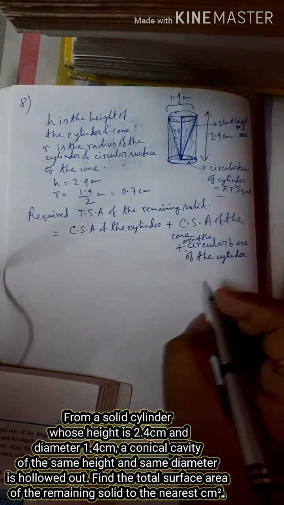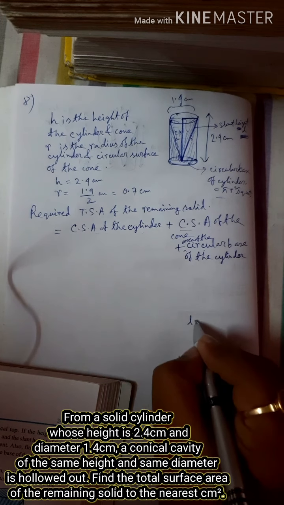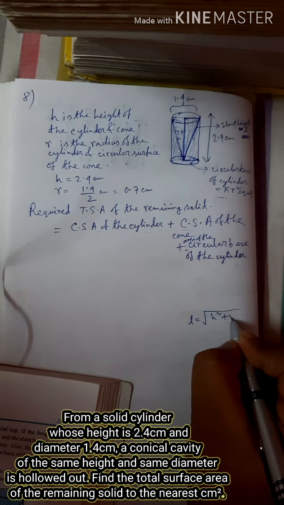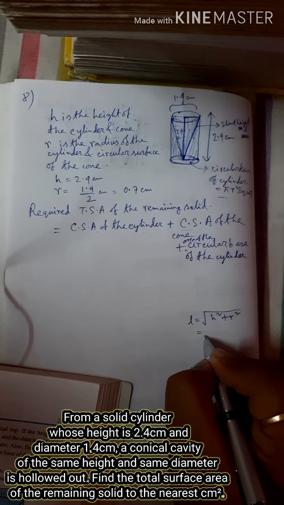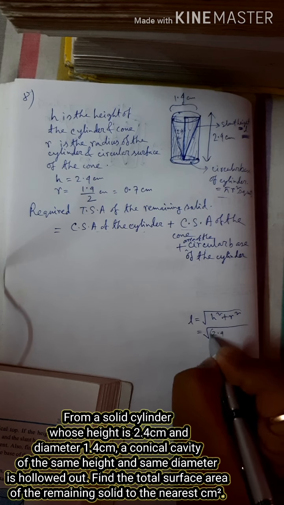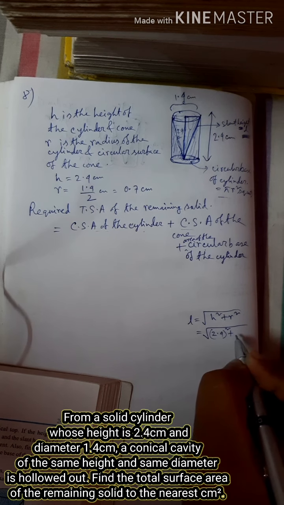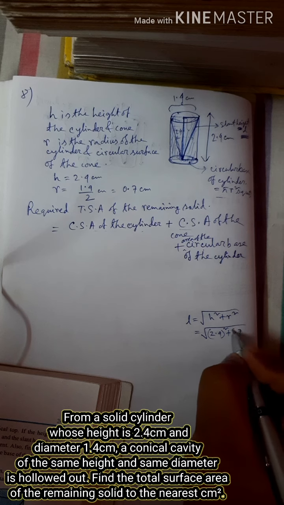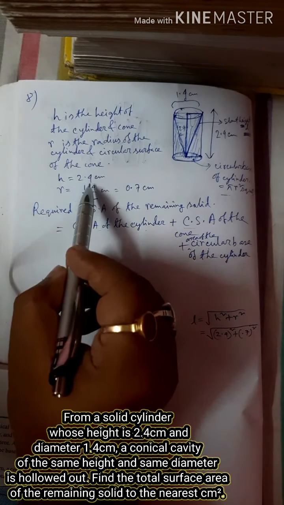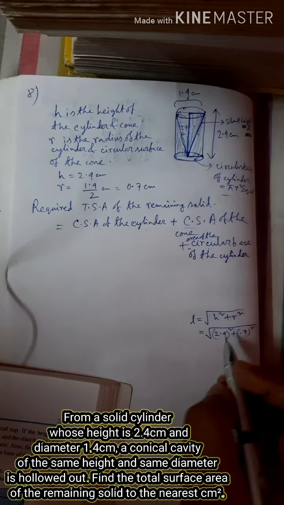So what will be the slant height? L will be equal to root over h square plus r square, that is root over 2.4 whole square plus 0.7 whole square, because h is 2.4 and r is 0.7.